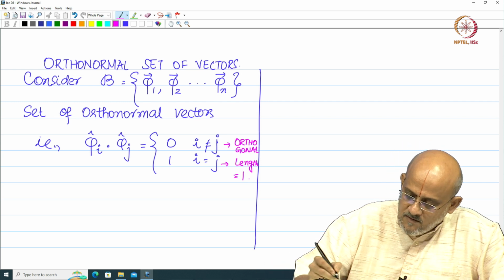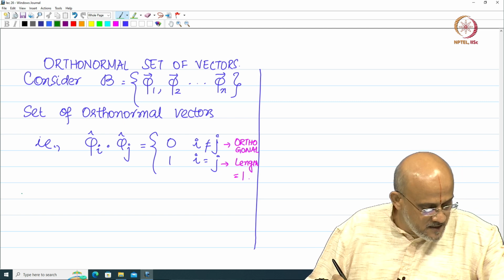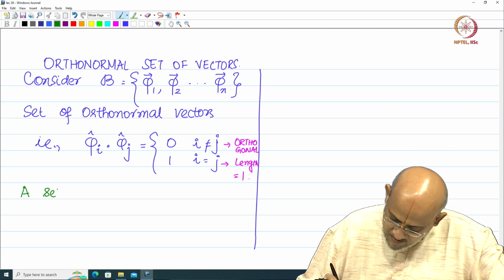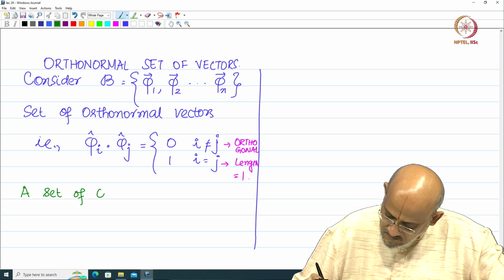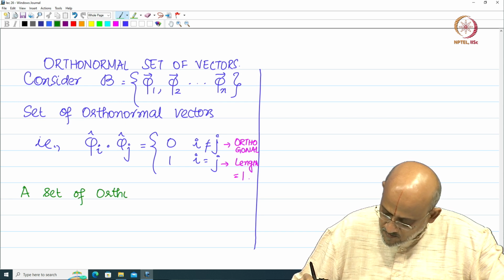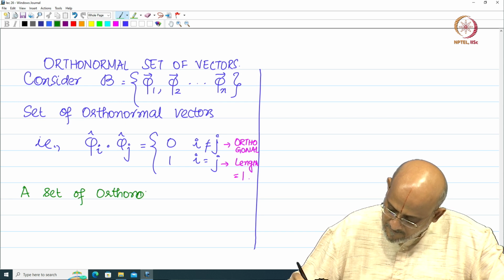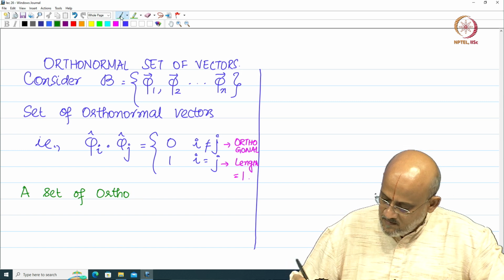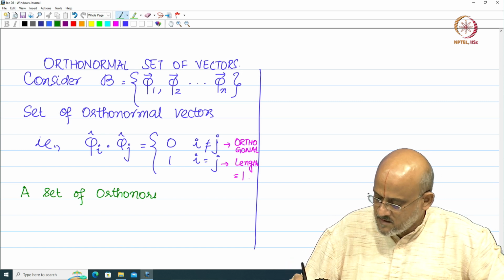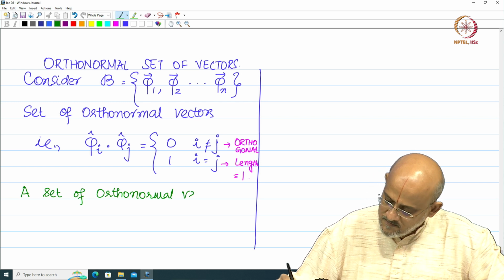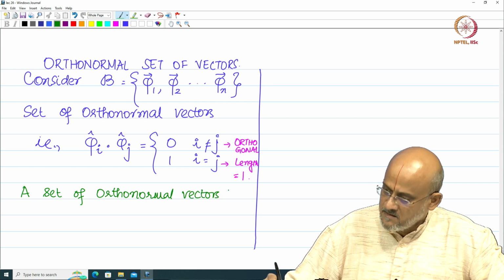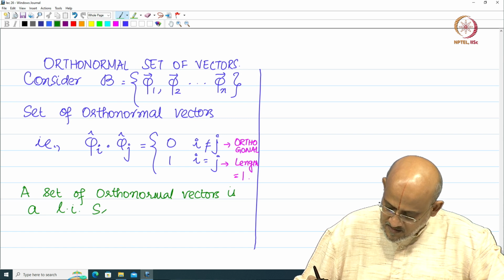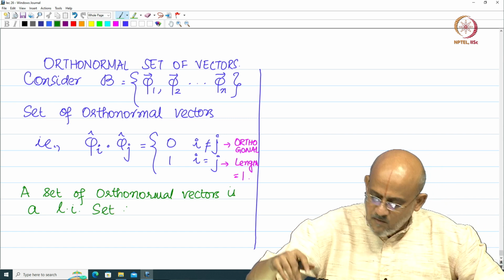We are going to make the statement that a set of orthonormal vectors is a linearly independent set. Now, what do we mean by that?